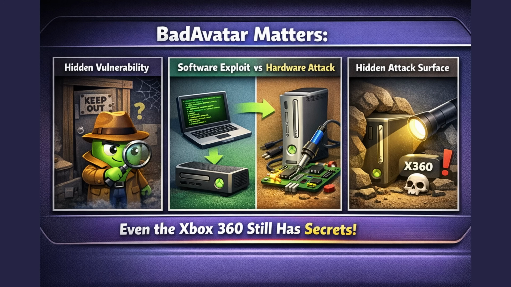Later on, researchers discovered the reset glitch hack, which attacks hardware timing during boot. The BadAvatar exploit represents something different, a vulnerability in the system update and asset processing pipeline. Each of these discoveries teaches us something new about how secure the system behaves in the real world.